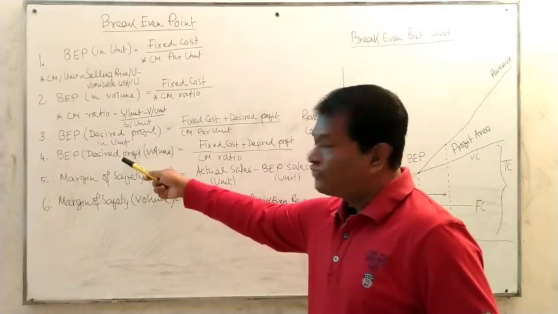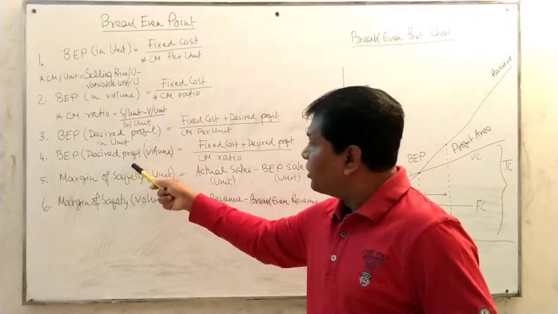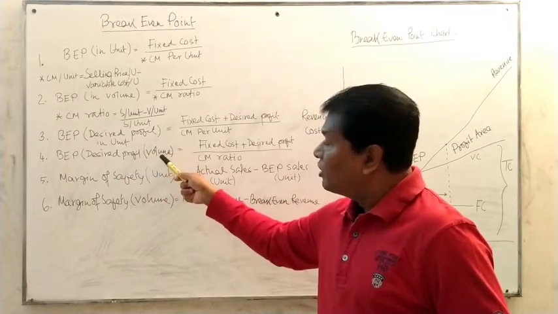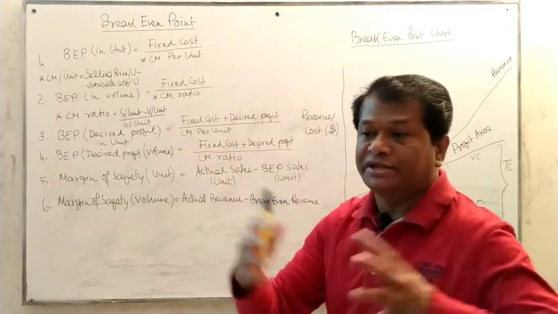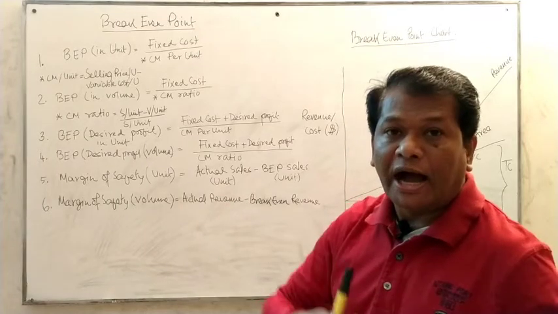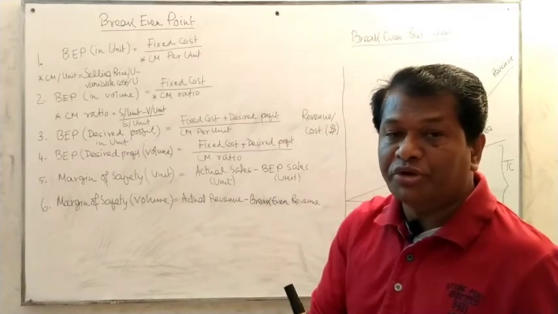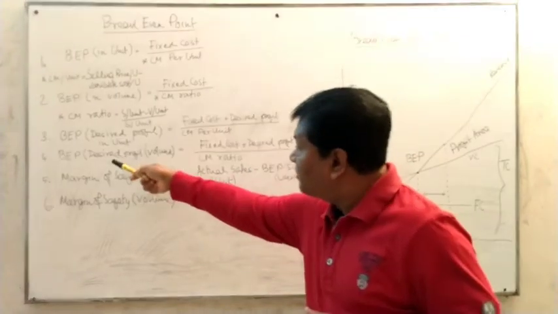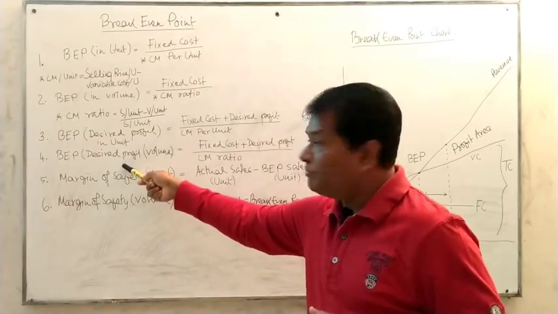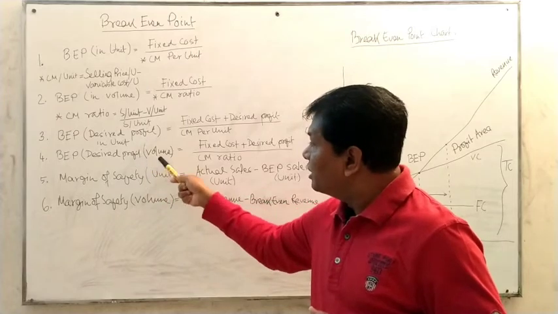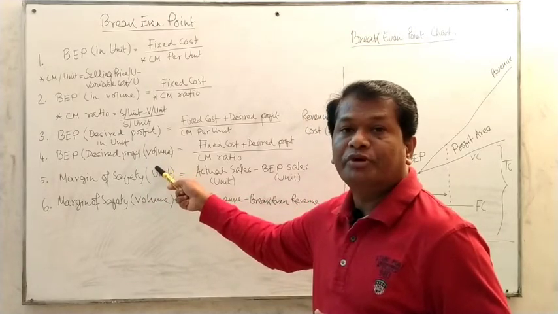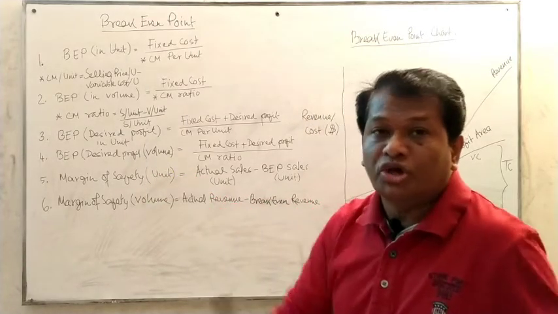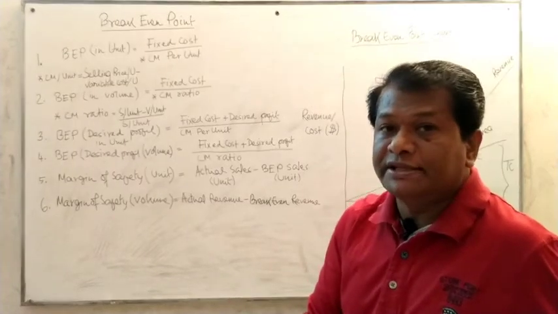And again, number 4, break-even point, desired profit, in volume. Volume means amount of sales. How much sales are required to get that particular amount of profit? This is the break-even point with the desired profit in brackets, in volume, in dollars or pounds or rupees, like this.